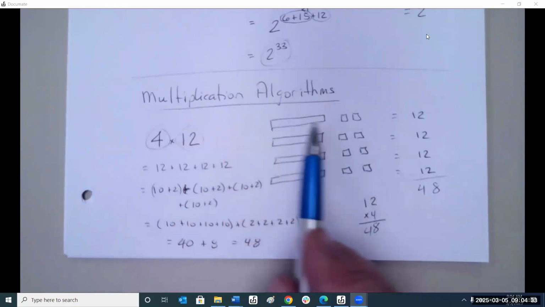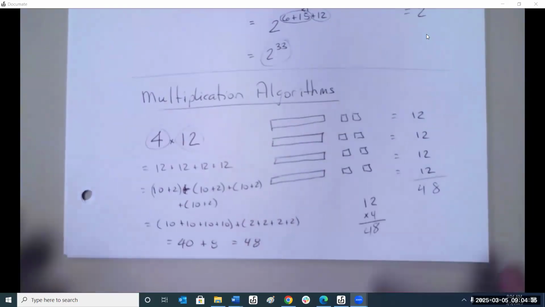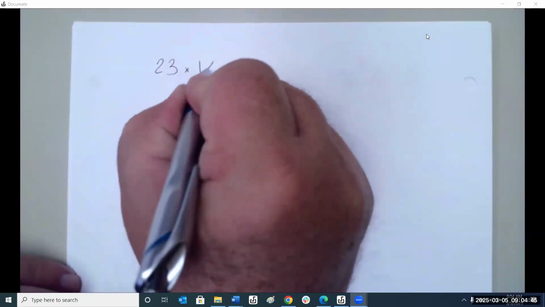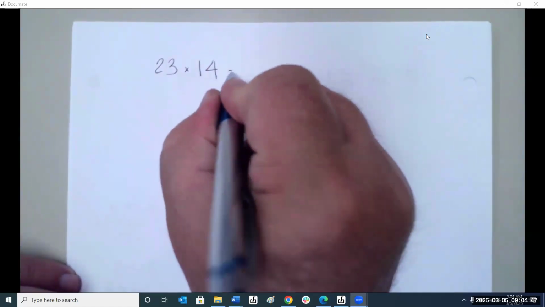You take this number, whatever that is, and do it that many times. What if you have two two-digit numbers? You wouldn't want to use the blocks anymore, because you have to have 14 sets of 20s and then 3s.